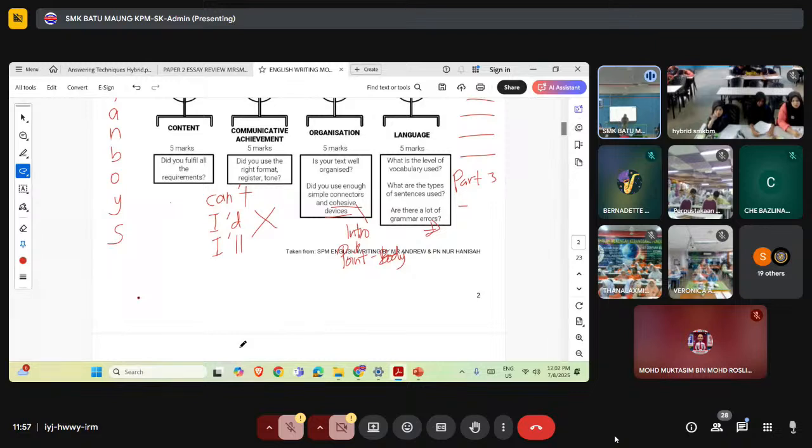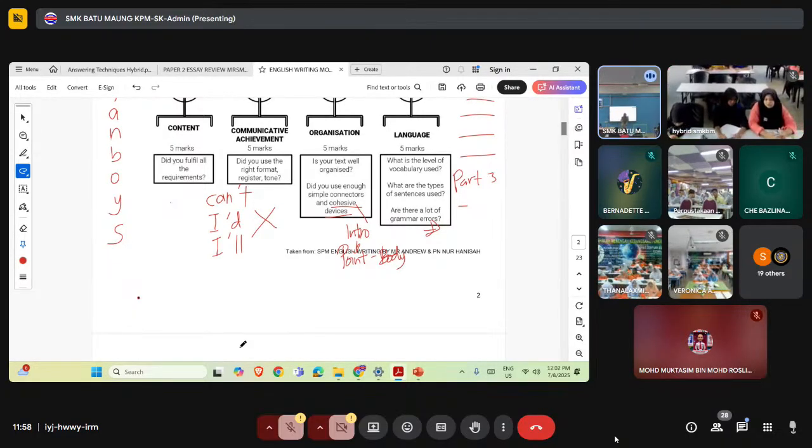If not, you will get 0. So don't be surprised if you write simple sentences without compound and complex sentences and your mark is only 2 and below. You need to have these 3 combinations: simple, compound, and complex sentences. That is what is meant by types of sentences. And then grammatical errors.